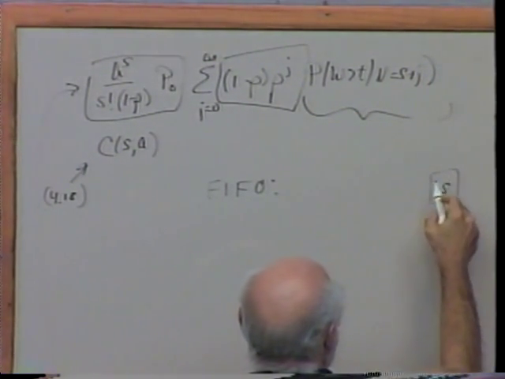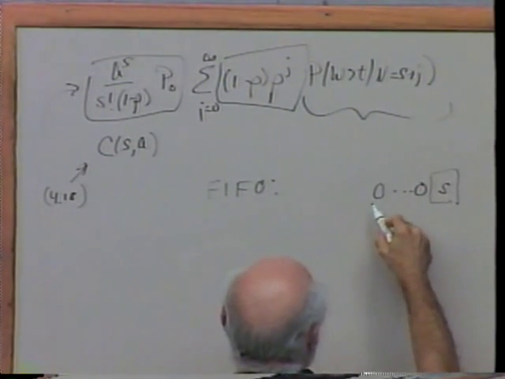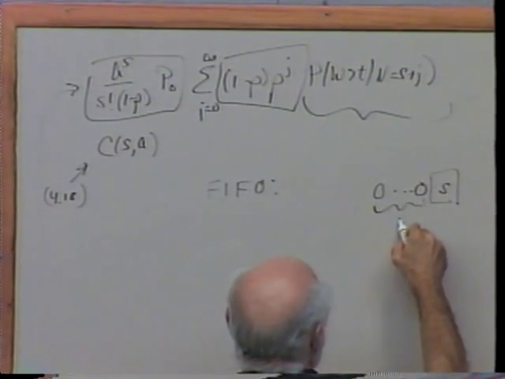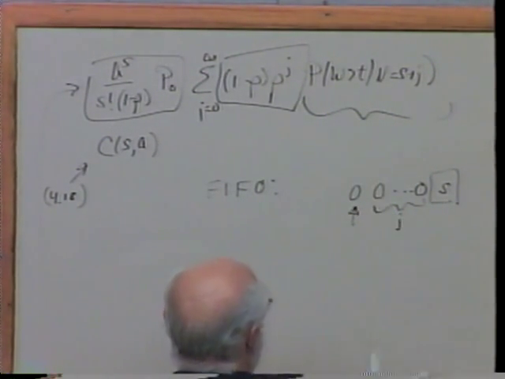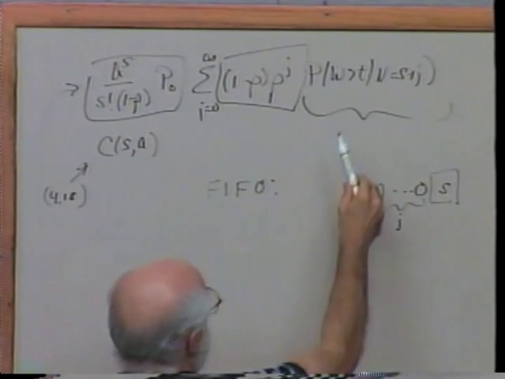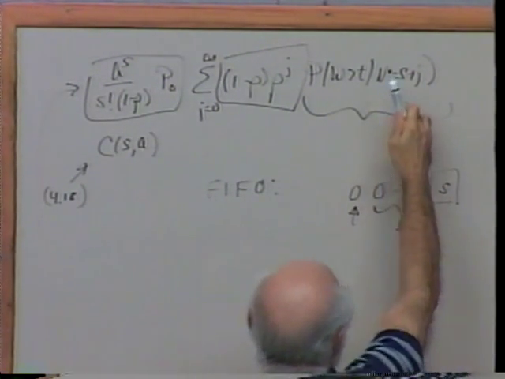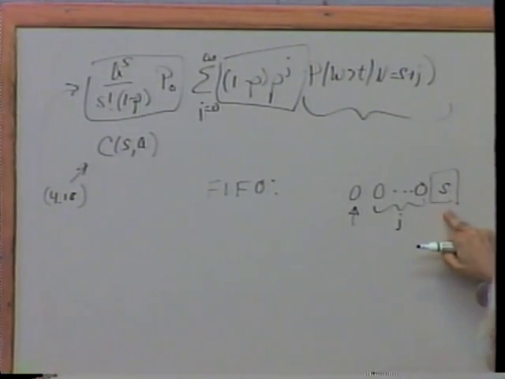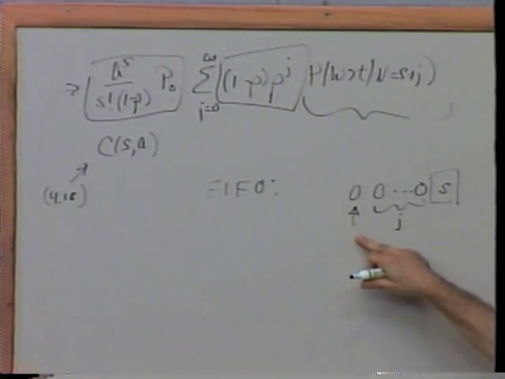There are s servers, and here's the queue. And the queue is of length j. And here is U, the test customer. I want to calculate the probability that you wait longer than t, given that when you arrive, you find all servers busy and j other customers in front of you. So if j is 0, you still have to wait because you find all servers busy, but then you're at the head of the queue.